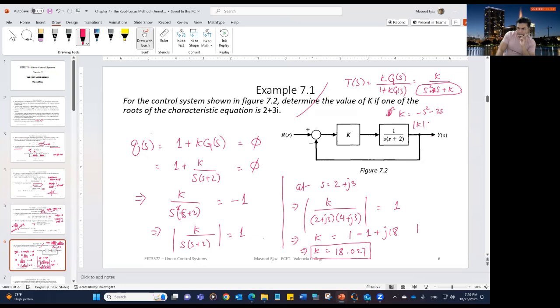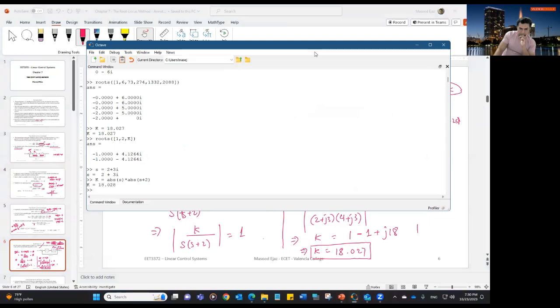And the magnitude of K is equal to the magnitude of negative s squared minus 2s. So let's calculate that. Should be the correct answer. I'm not sure. It's not giving the correct answer.